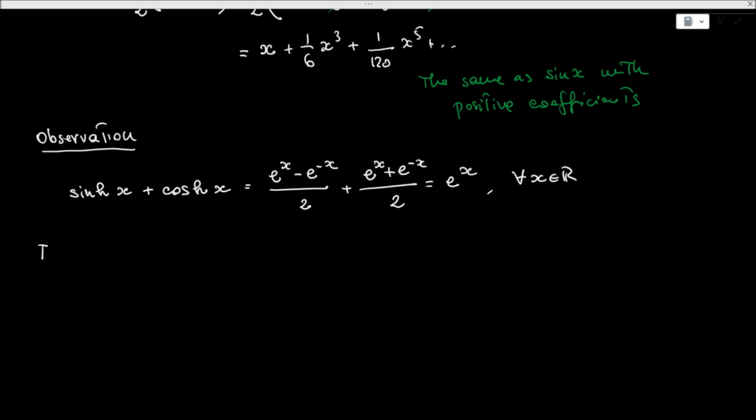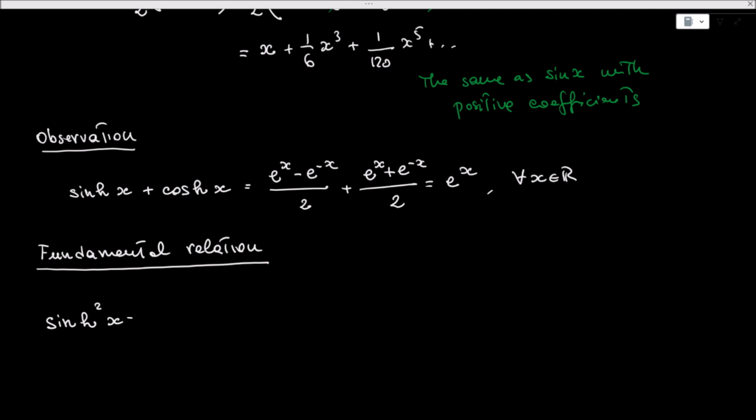And now we come to a fundamental relation between these two hyperbolic functions, hyperbolic sine and hyperbolic cosine. And so let me start from the square of the hyperbolic sine of x, which is (e to the x minus e to the minus x) divided by 2, squared.